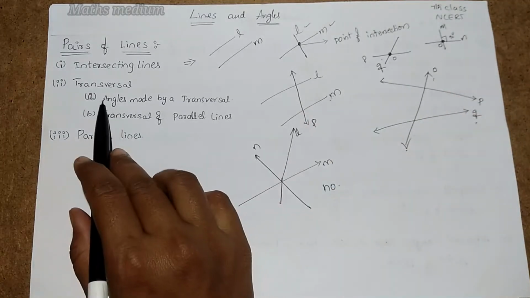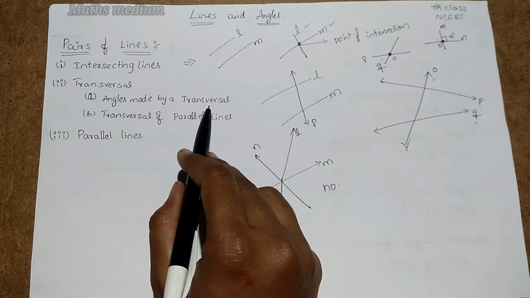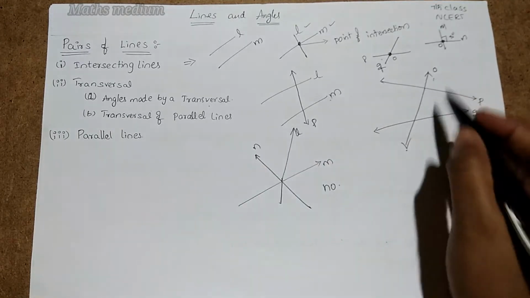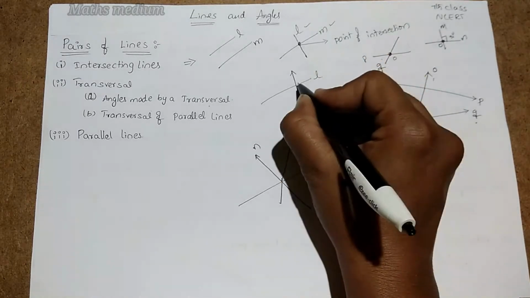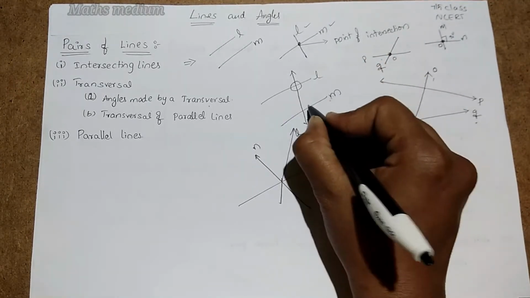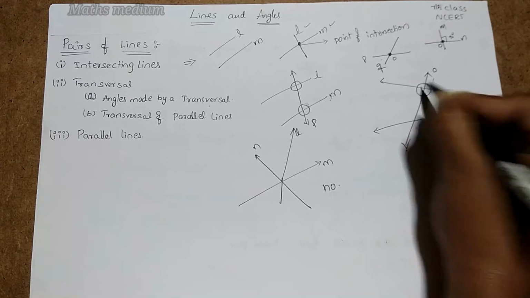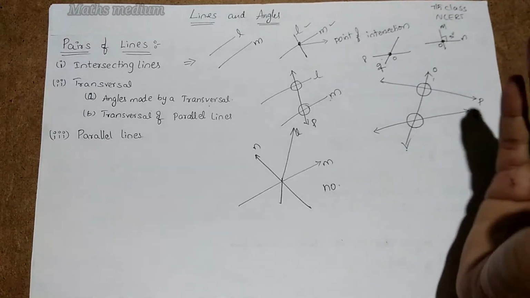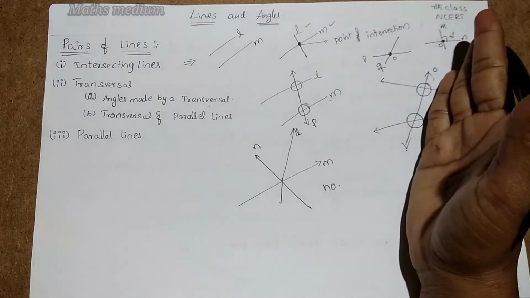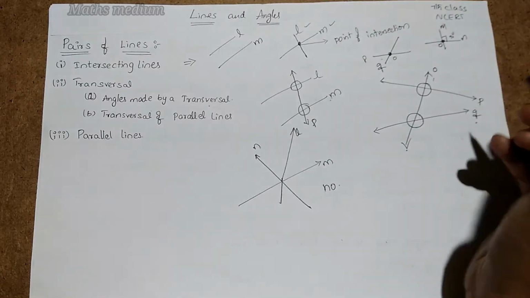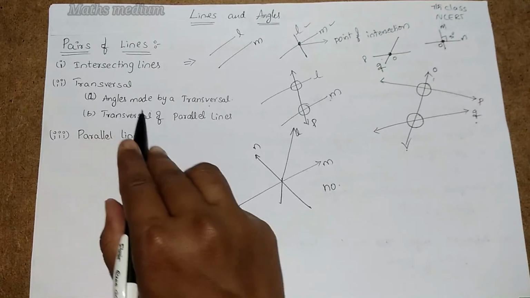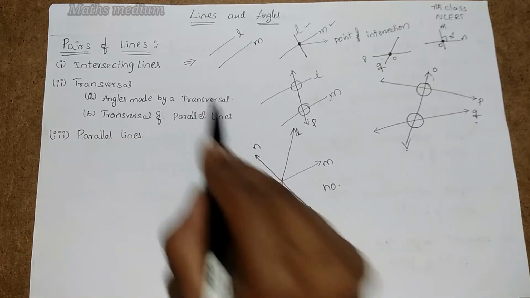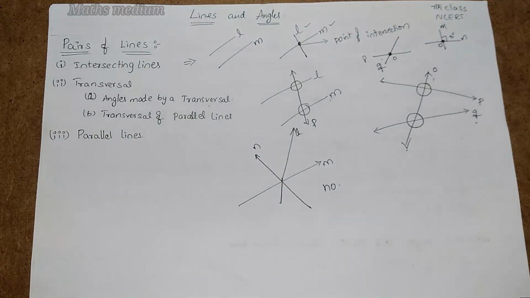Next, coming to the angles made by a transversal. Here it is intersecting this line, and here also intersecting this one. If you see here, we have angles at those intersecting points. How the transversal makes angles with the intersecting lines, those angles are said to be angles made by a transversal. I will explain through an example, then you will get a better understanding.